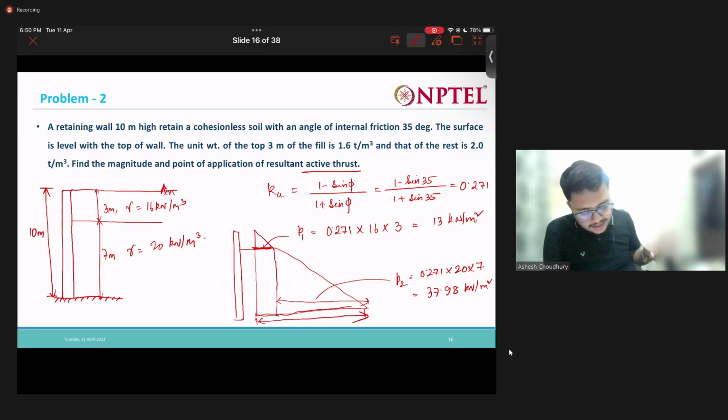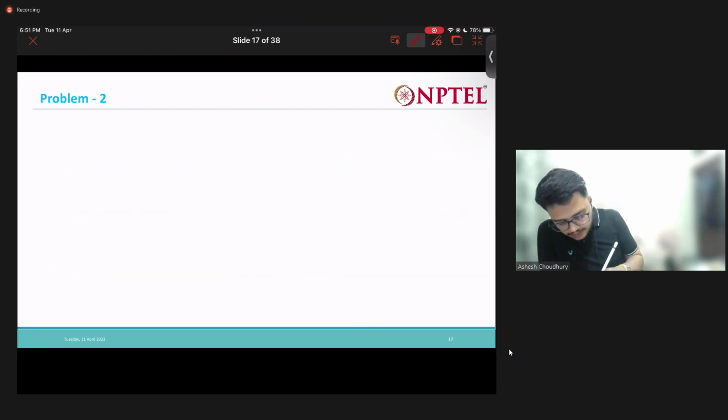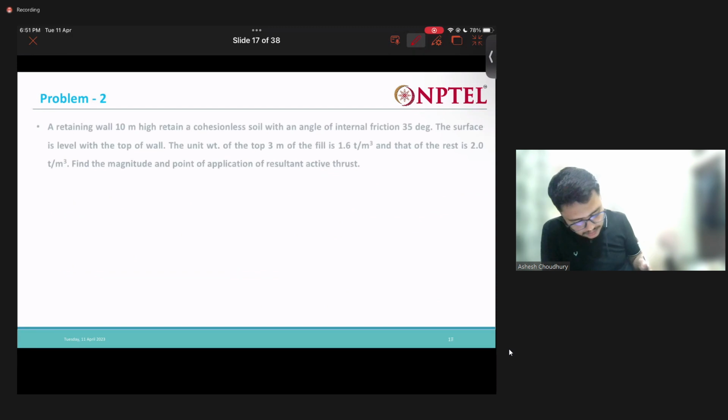Now to determine the active thrust, what we need to do is find the area of this figure, right? So let us do that. So total P active will be nothing but this area.